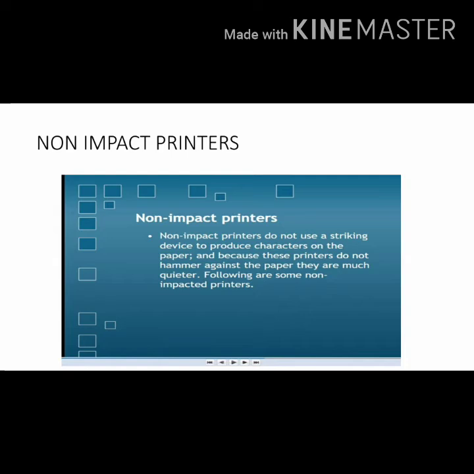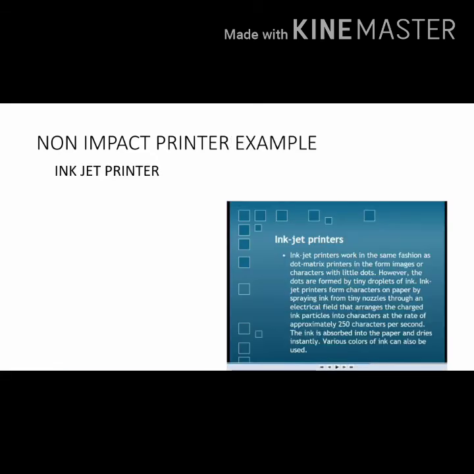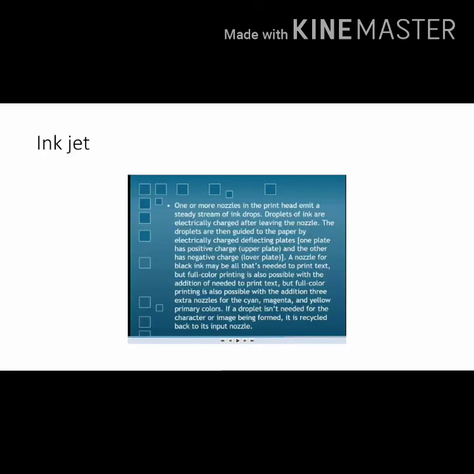Then we come to non-impact printers. One most common example of a non-impact printer is the inkjet printer. Inkjet printers work in the same fashion as dot matrix printers in forming images or characters with little dots. However, the dots are formed by tiny droplets of ink.